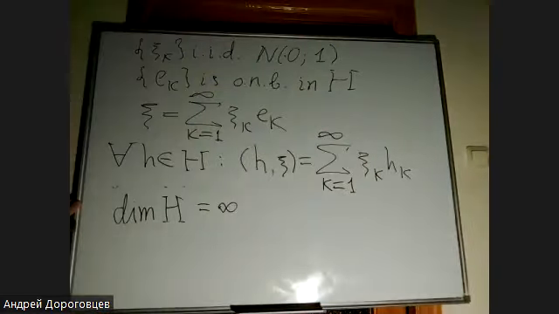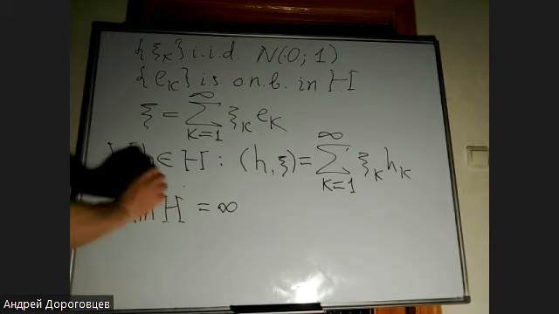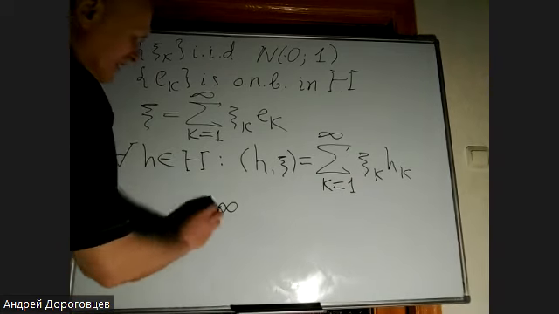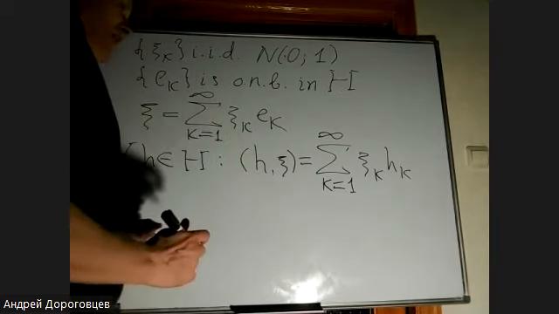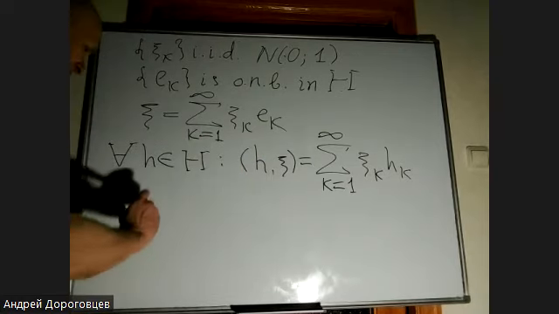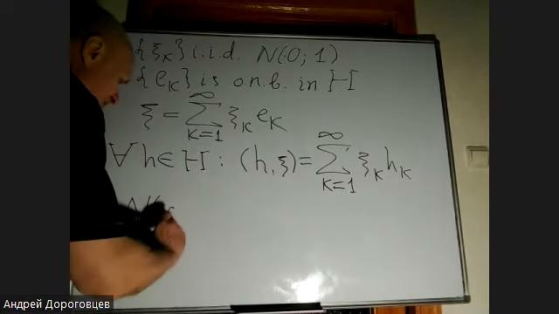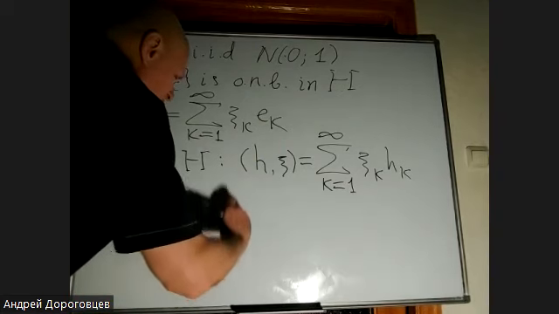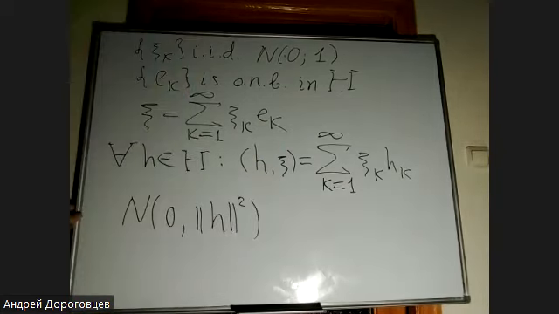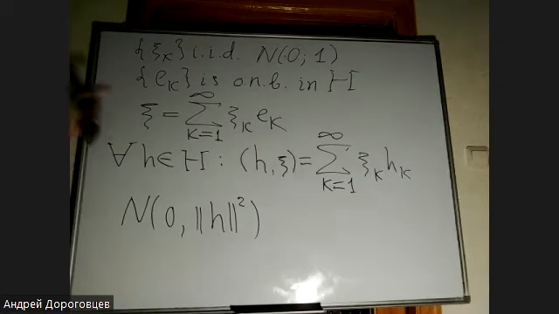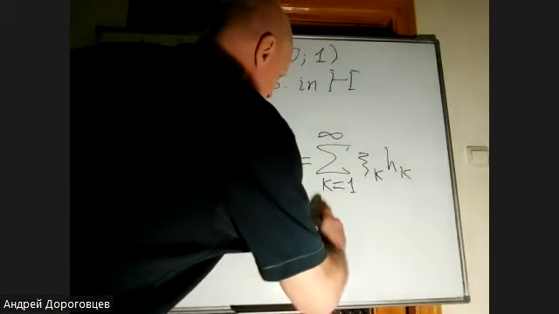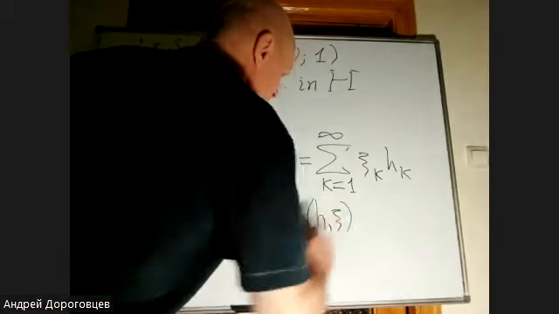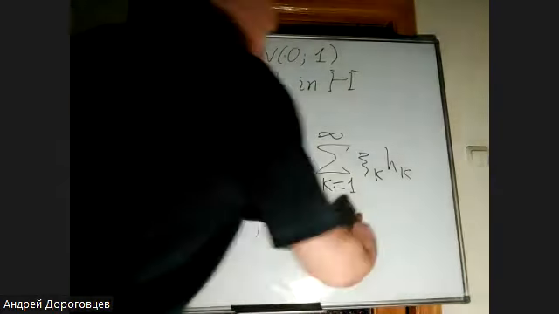This series converges in L2, in any Lp, and the result is a Gaussian variable with such parameters. So we don't have psi as a random element, but still we have a family of its products with different elements of our Hilbert space.